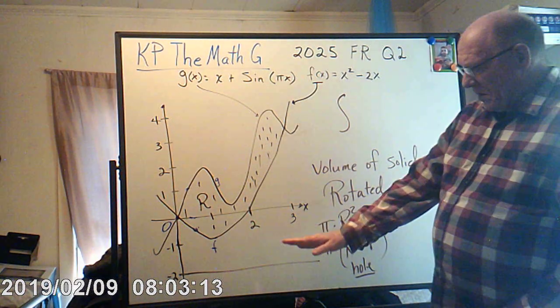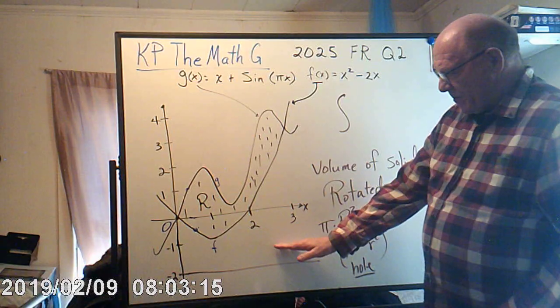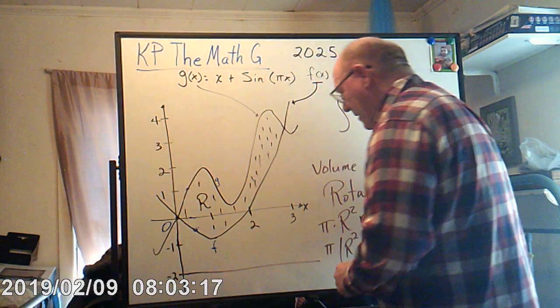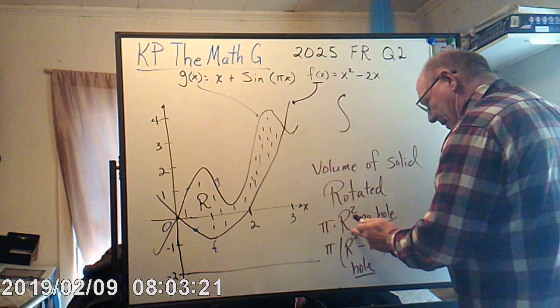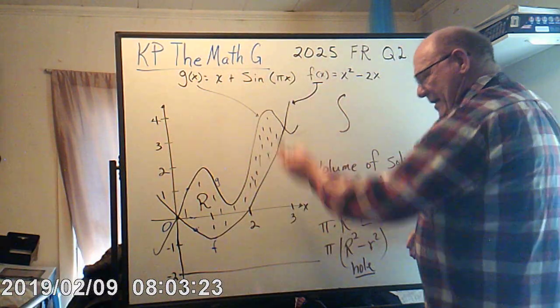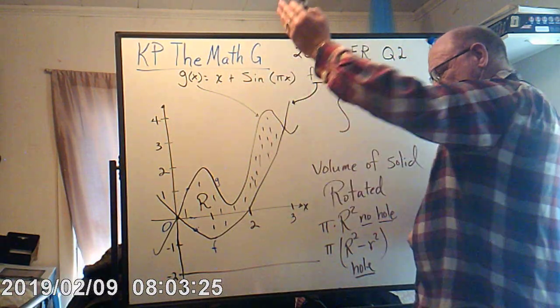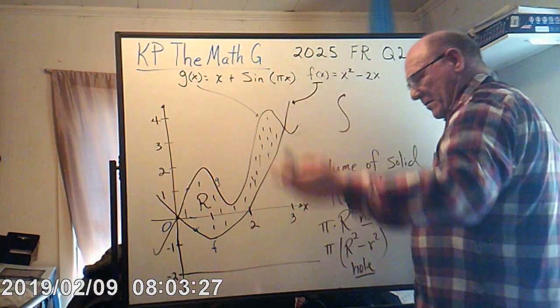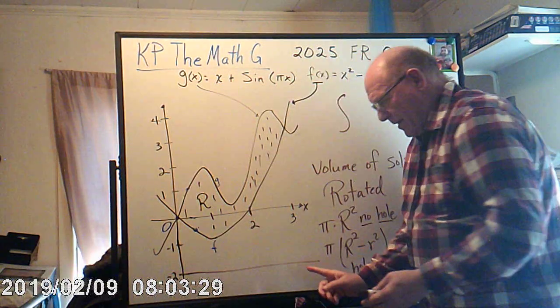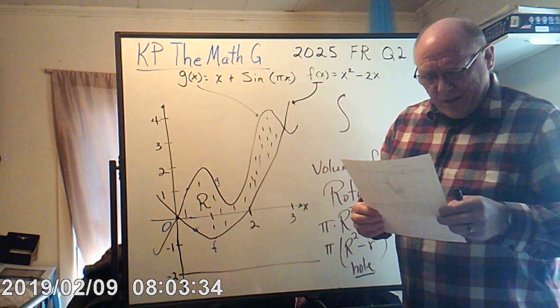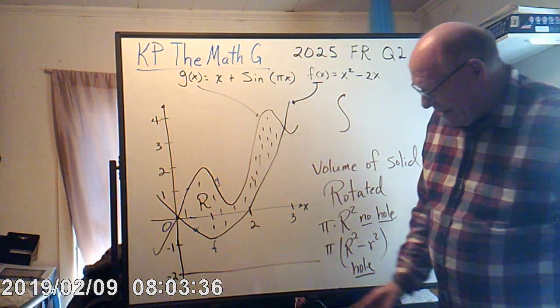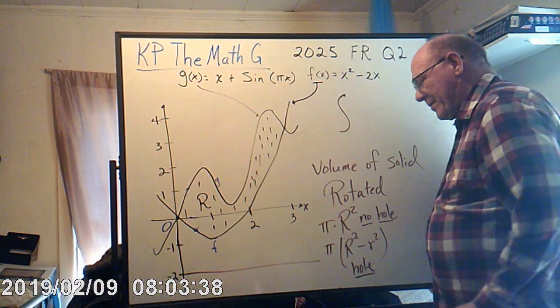You have a hole in this particular problem. So let me just say this. It is going to be something pi r squared. It's going to rotate into a circle around this line, y equals -2, the horizontal line, y equals -2.